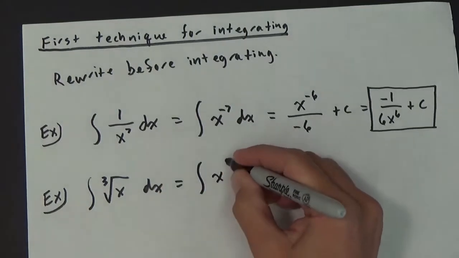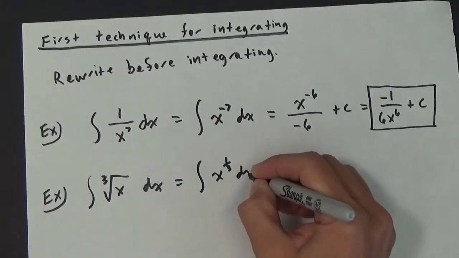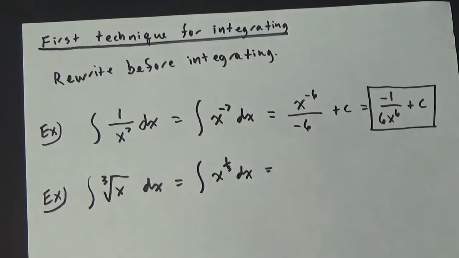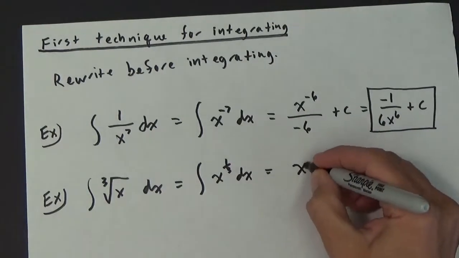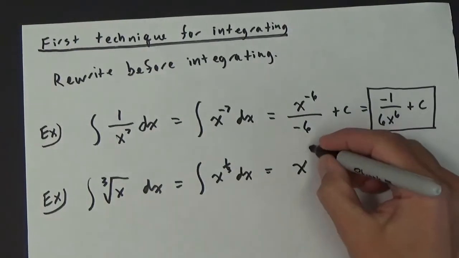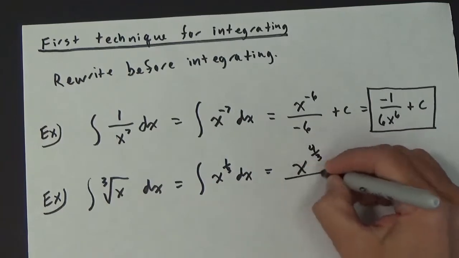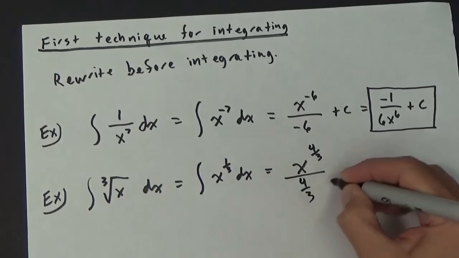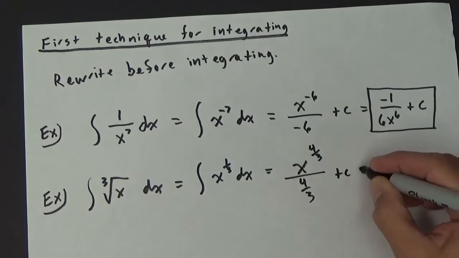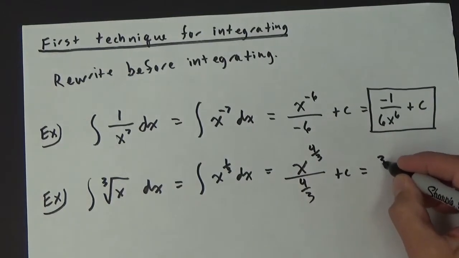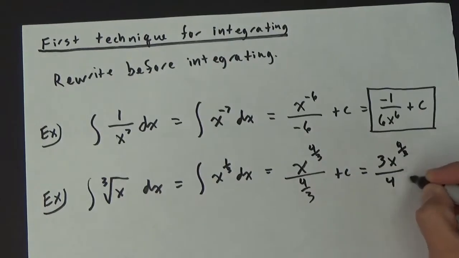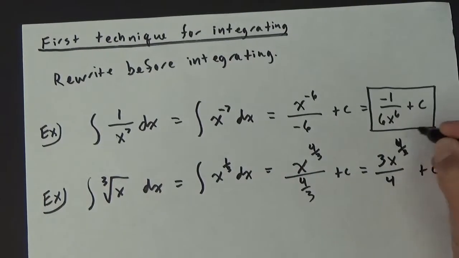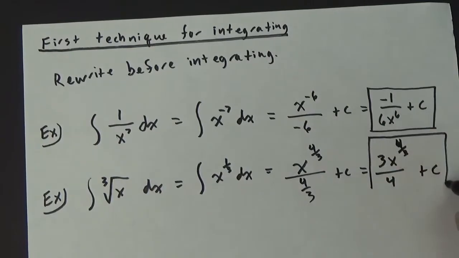So we would have x to the 1/3 power. Now I can use the power rule. So I add 1. 1/3 plus 1 is 4/3. And we divide by that number, plus c. So we end up with 3x to the 4/3 over 4 plus c. And there is our solution. That should be 4/3.